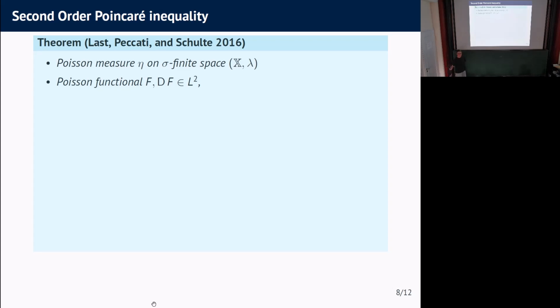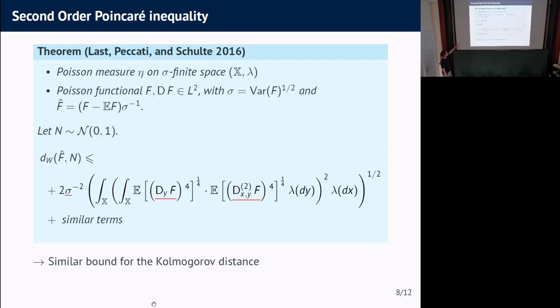We take some functional F of this Poisson measure. We say sigma is the square root of the variance and F hat is the centered and rescaled version. That's a notation I will keep using. And then with this, we can find a bound on the distance. I put in the Wasserstein distance here, but you can do the same in Kolmogorov. You just get a few more terms.